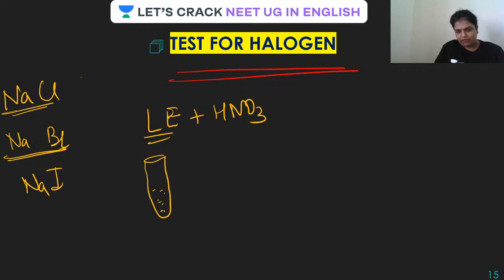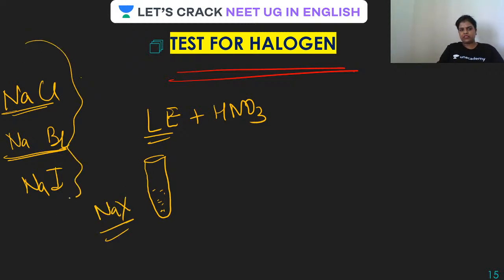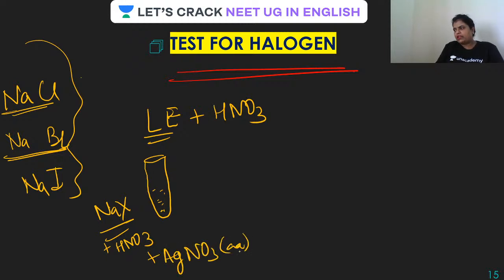To that, we have taken any X, for example. We don't know which is there. That will come out after the color. Then we have added HNO3 followed by silver nitrate. I'm telling you, aqueous silver nitrate, guys. Okay. What will happen then?